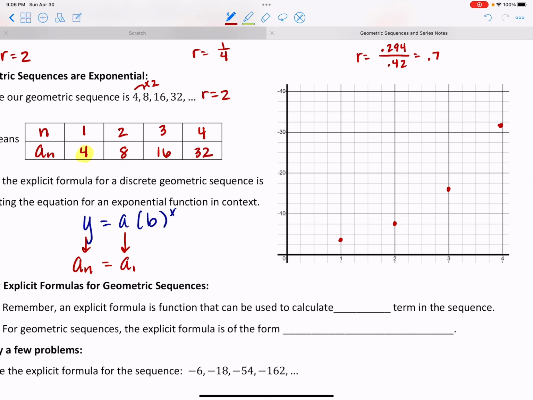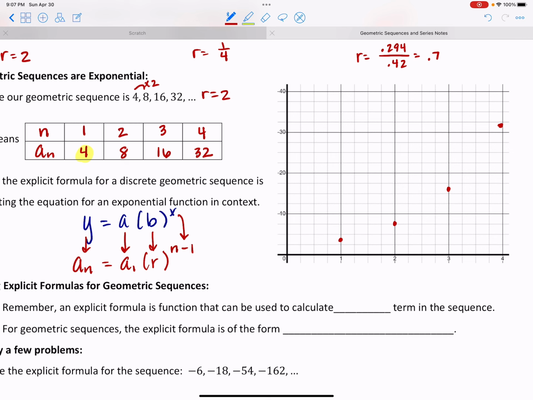B is our growth factor, but in this case we're calling it R. That's the number we multiply by to go from one number to the next. And then we are going to raise this to the nth power instead of the x power. But because we're starting at an input of 1 and not an input of 0, we're going to shift over and call this an n minus 1. So in place of x, n minus 1.